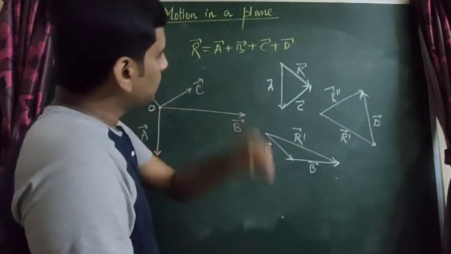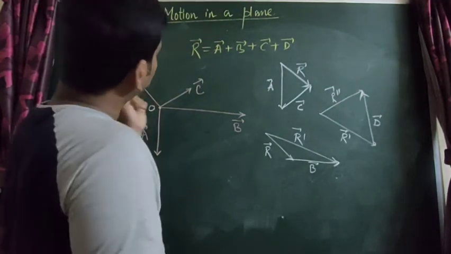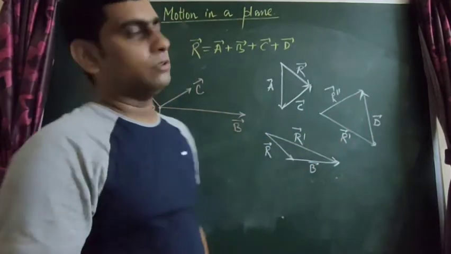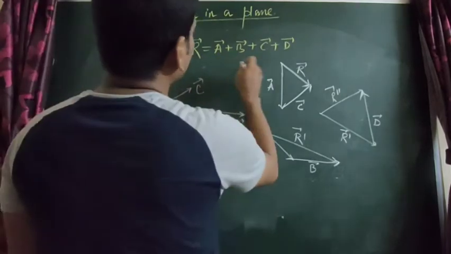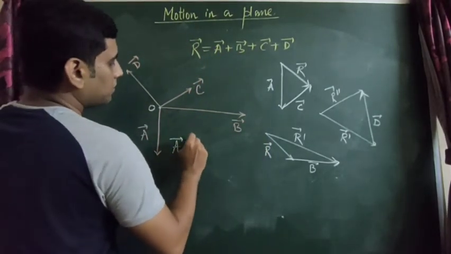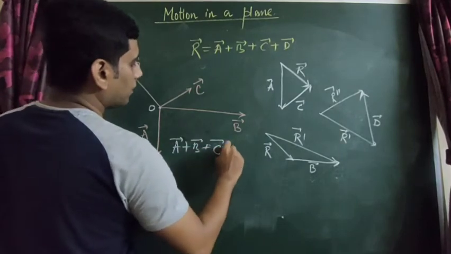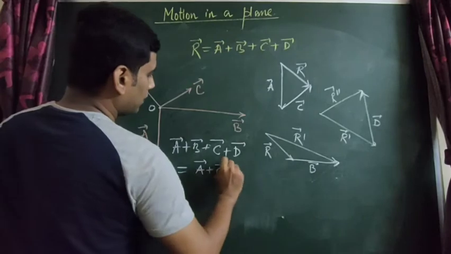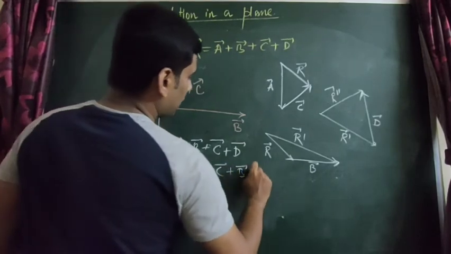If you remember the previous diagram which I have drawn, both the resultants are in the same direction and same magnitude. That means A vector plus B vector plus C vector plus D vector is equal to A vector plus C vector plus B vector plus D vector.